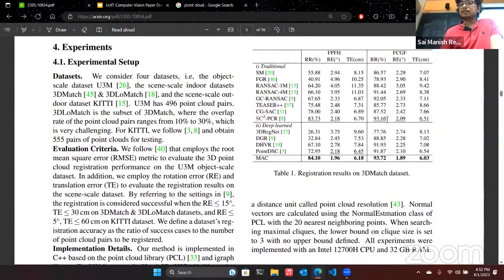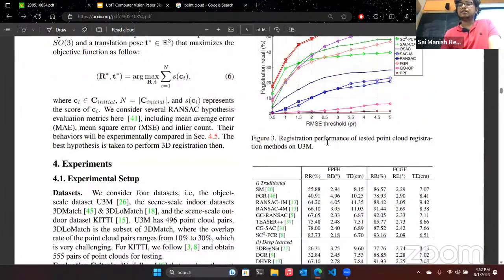If we look at the registration results of both, MAC has much less error compared to other models, and more registration results compared to others on the 3DMatch dataset.